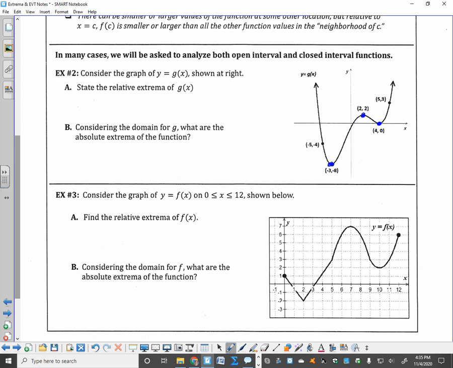It says state the relative extrema. So I'm going to say there's a relative max of 2 at x equals 2. The relative max is the y value at that x value. There is a relative min, and that min is 0, and that occurs at x equals 4. Now, this is where sometimes it can get a little fuzzy.